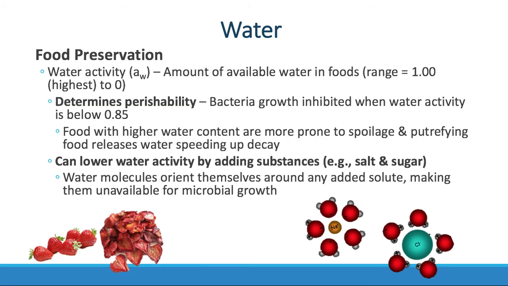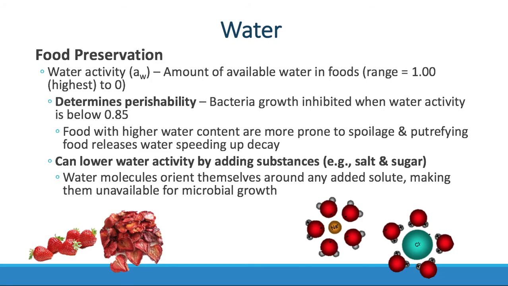So when it comes to water and food's perishability, we know that a food's water activity, or the availability of water, the amount of free water within the food, really determines its perishability. Bacteria need water in order to grow.